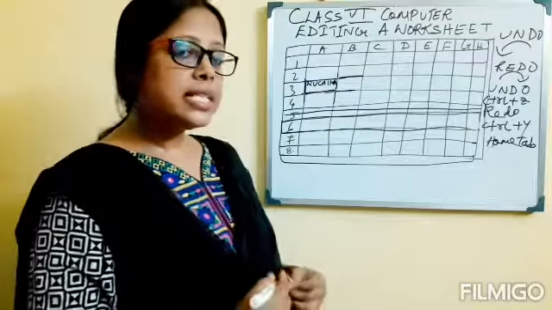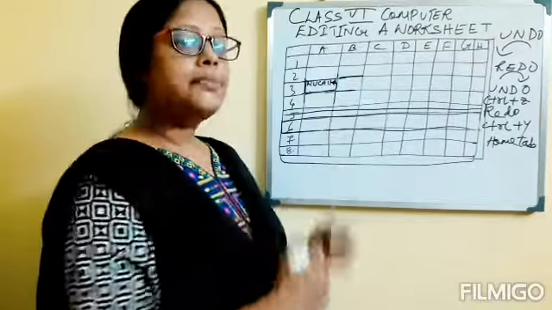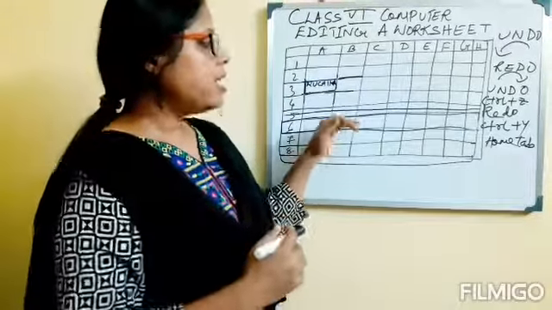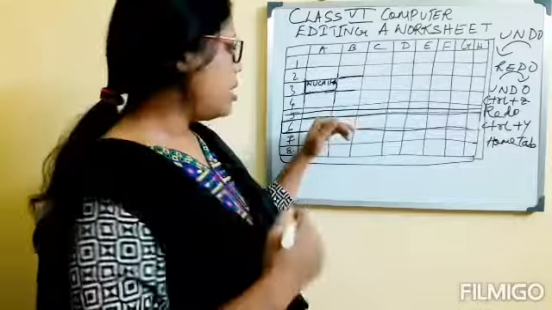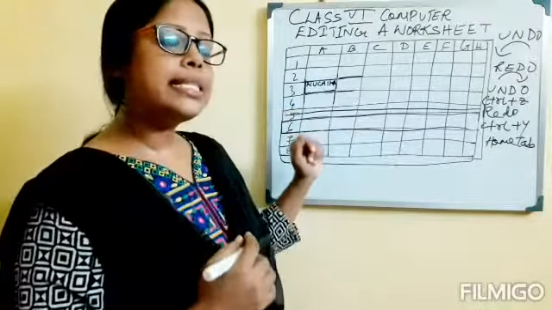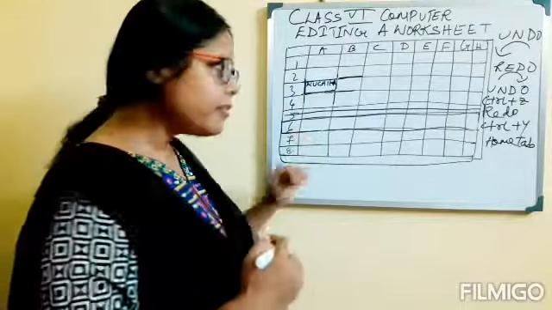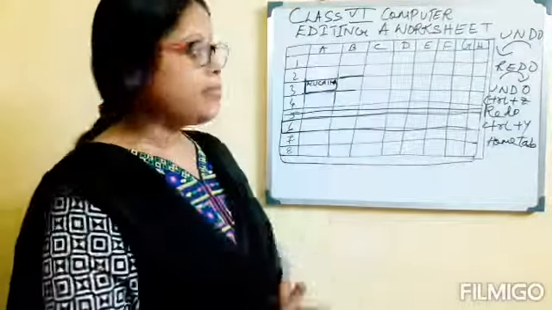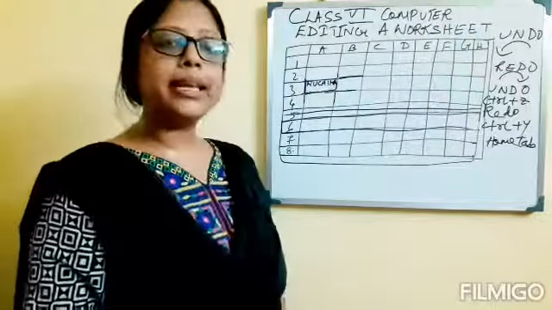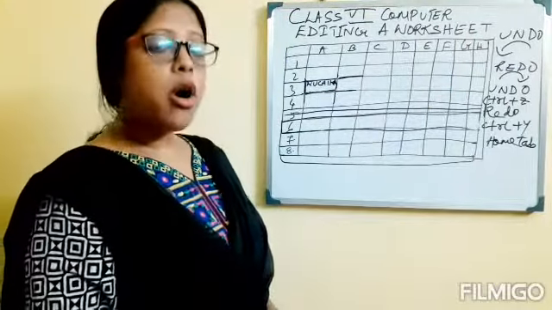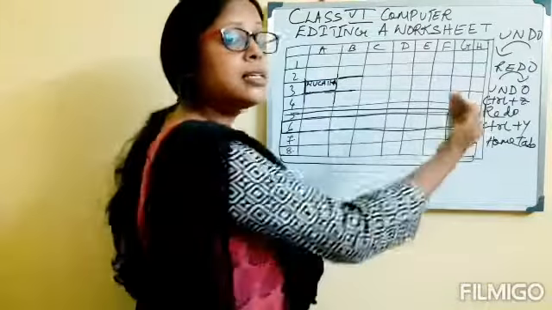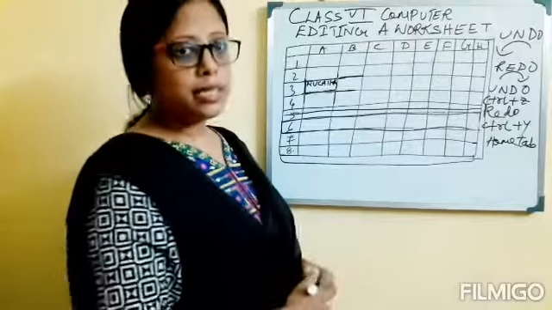When you click it, the column gets inserted. In the case of rows, the new row gets inserted above the selected row. In the case of columns, the new column will get inserted to the left side of the selected column.